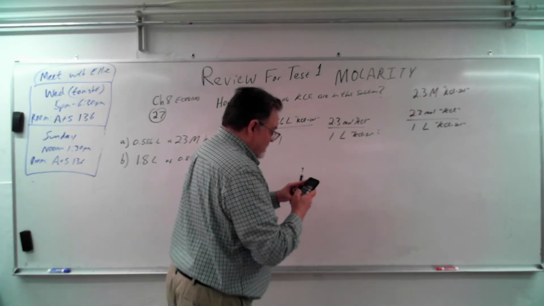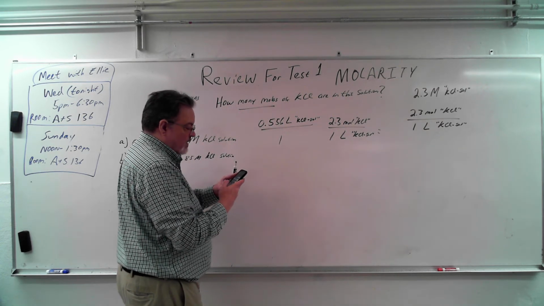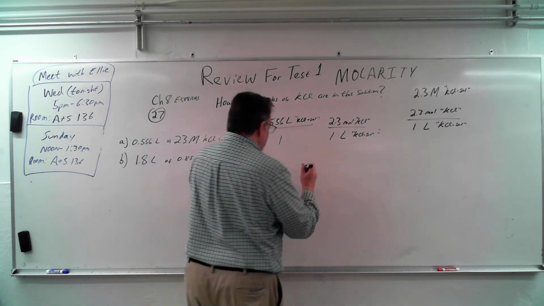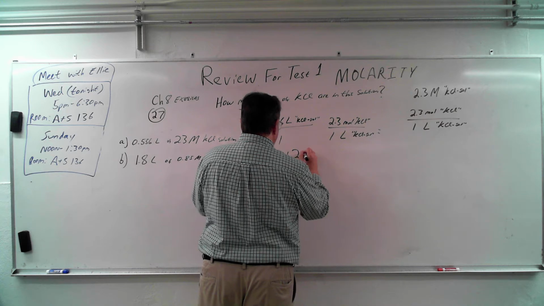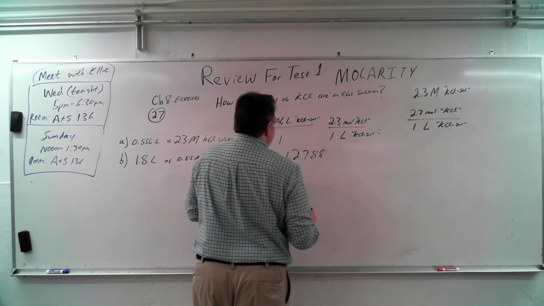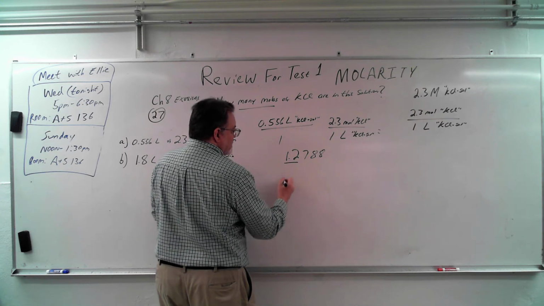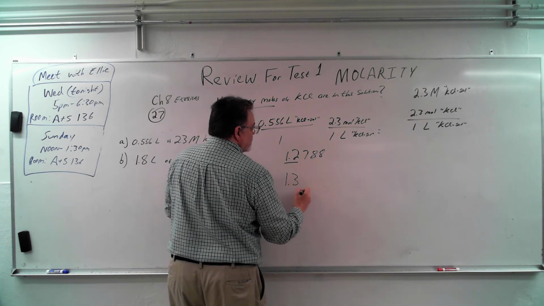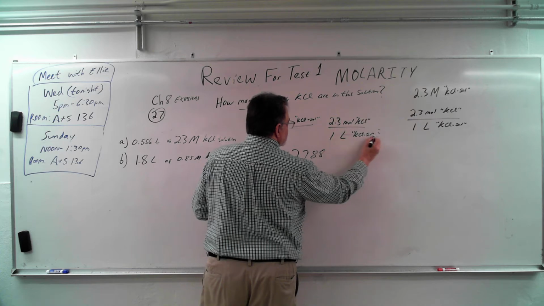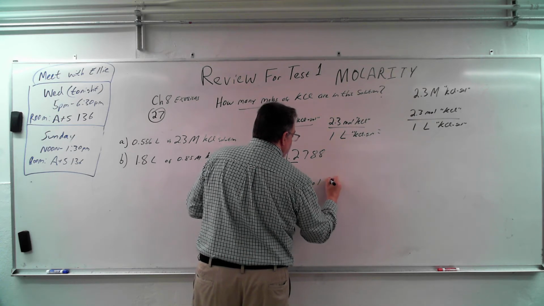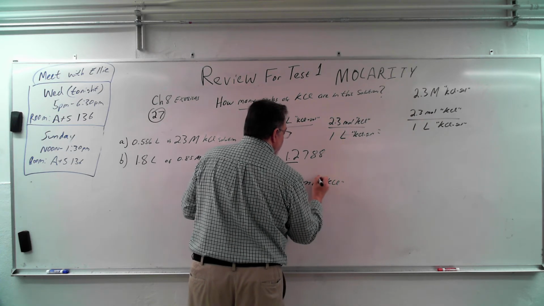.556 times 2.3. My calculator says three significant figures, two significant figures, so it's those two I'm keeping. 1.3, that cancels moles KCl.